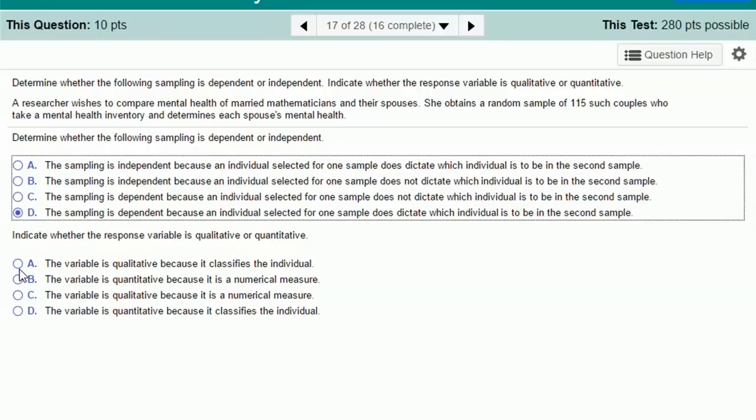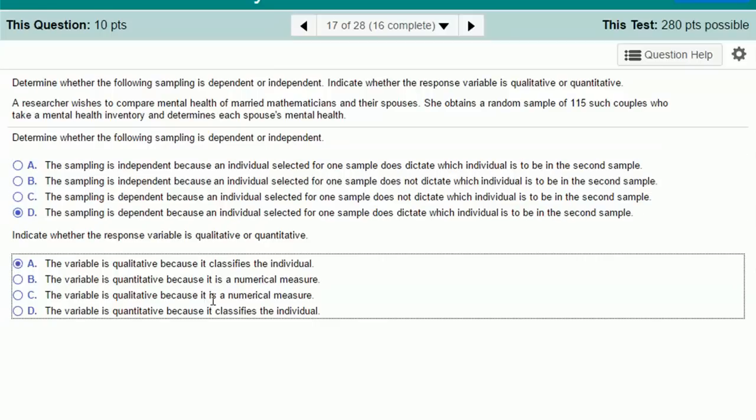So it's going to be qualitative. It's not clearly saying that they're giving them a measurement, a number from like 1 to 5 or something like that. So it's going to be qualitative. Describing someone's mental health is not well done with a number.